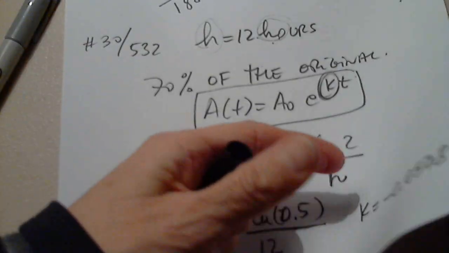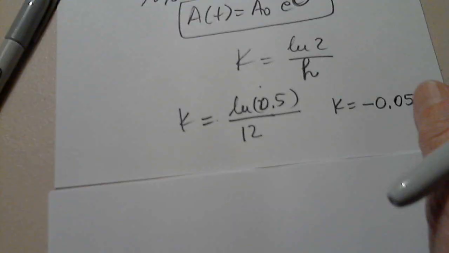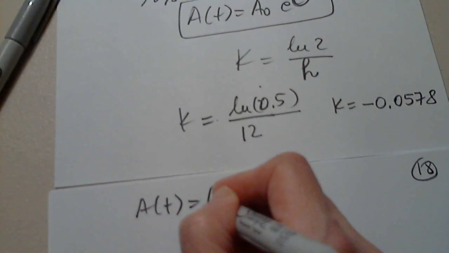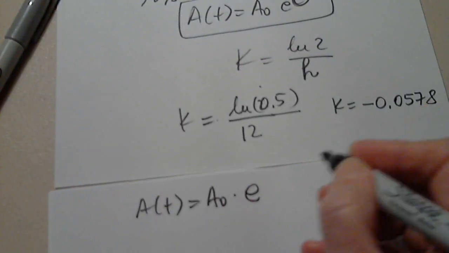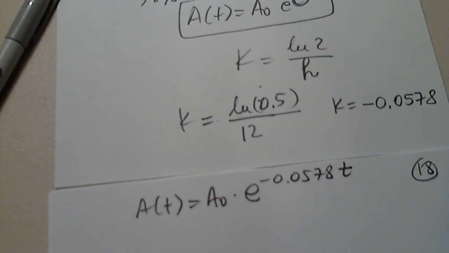So now I have the entire model. The model is A of t equals the original times e to negative 0.0578 t.